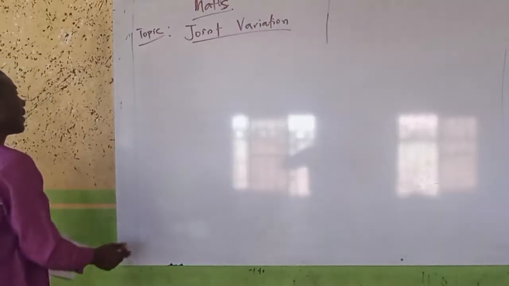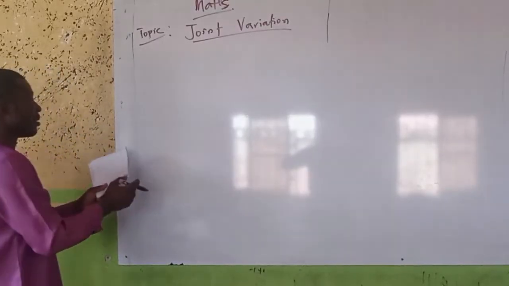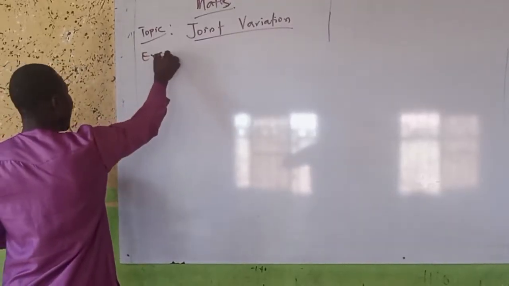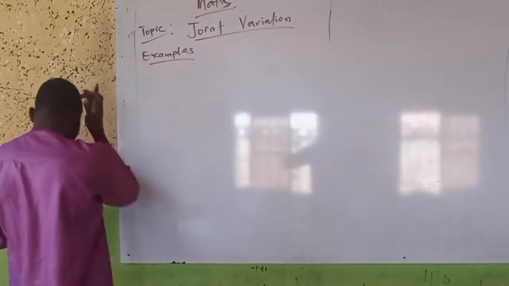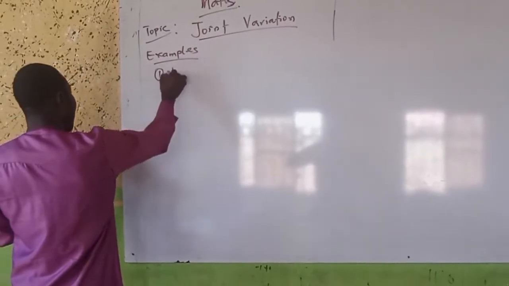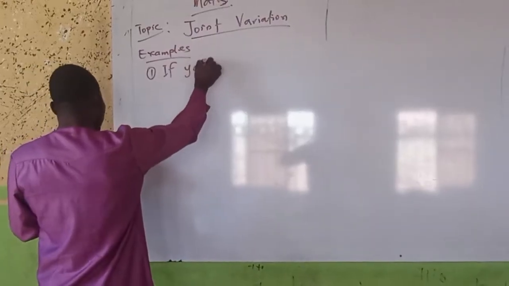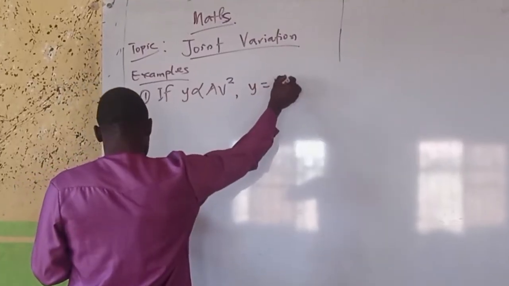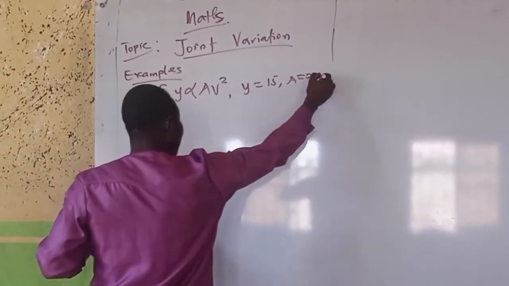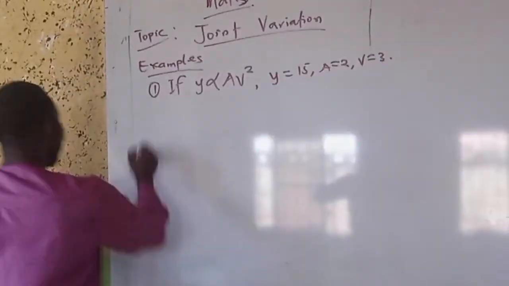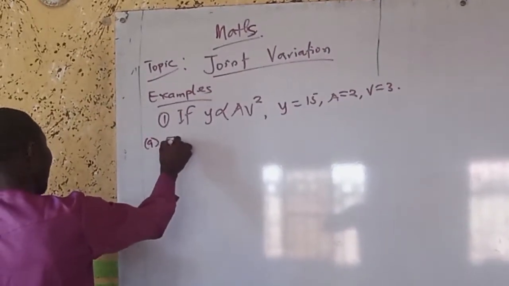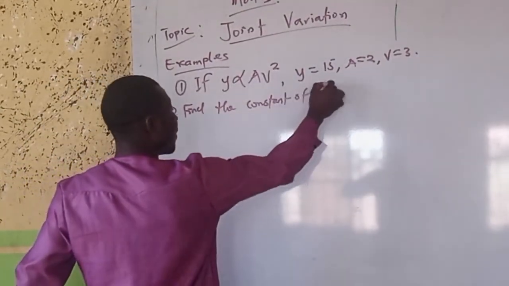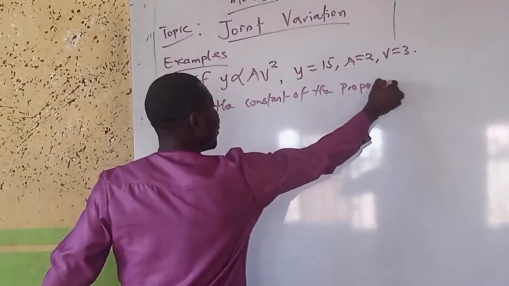In joint variation, you can have two directs coming together, or direct and inverse coming together. Let's take these examples. The first example says, if y varies directly as a v squared, y equals 15, a equals 2, and v equals 3. We are asked to find the constant of proportionality.